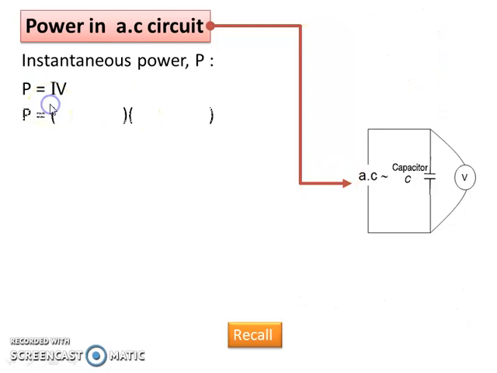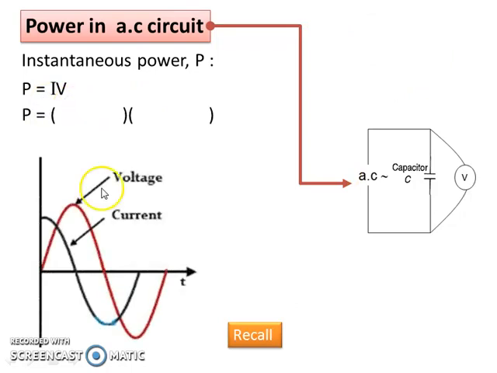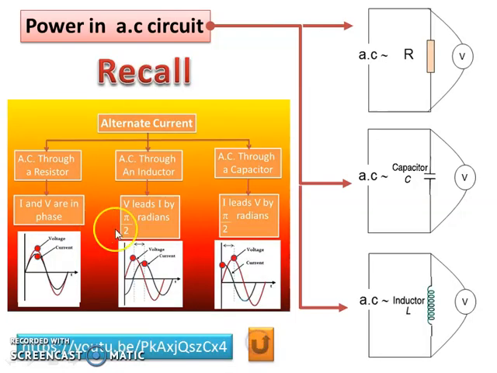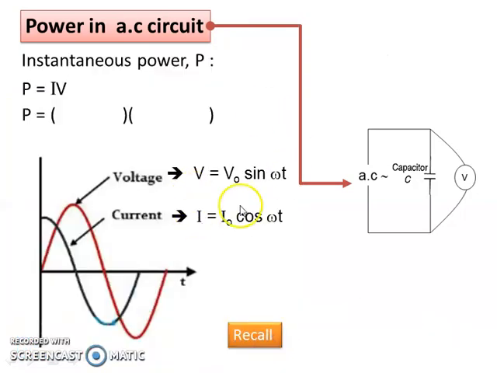So we use the P equals IV formula, and from the previous lesson, V is V naught sine omega t, and I we get I naught cos omega t. From the YouTube channel here, we get these two equations and substitute into I and V here.